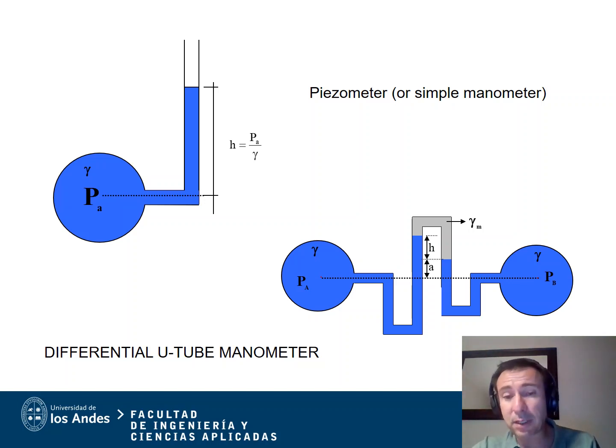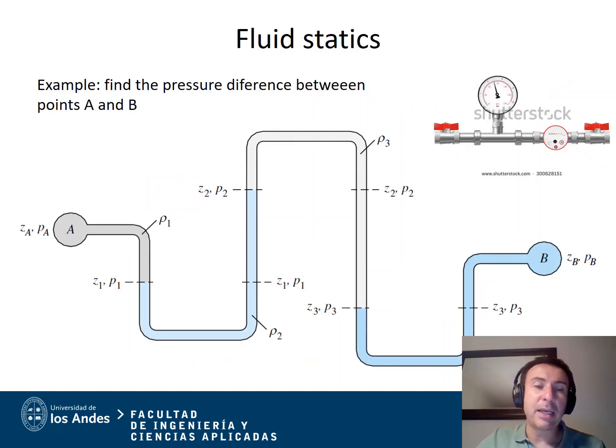I'm going to do an exercise for that in a different video, and you can compute the pressure at B knowing the gamma of each fluid, the heights of the columns, and the pressure at one point. This is the exercise I'm going to be doing in another video.